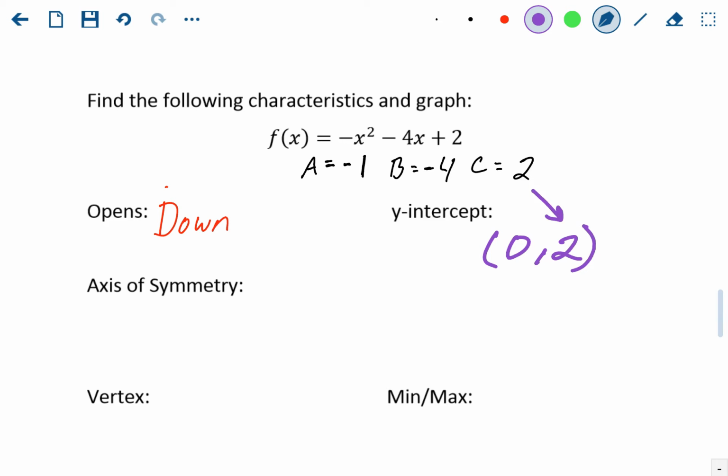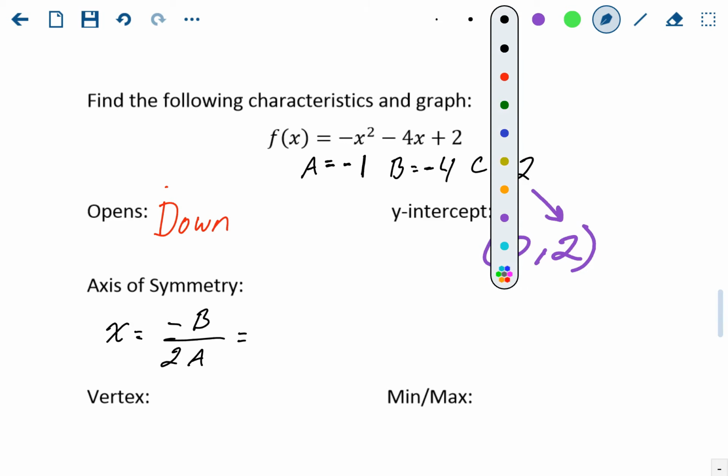All right, the axis of symmetry. We're going to use the axis of symmetry formula: x equals opposite of b over 2a. We'll just plug in the values for a and b.